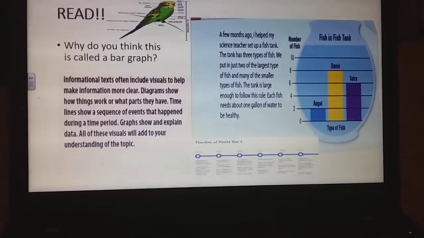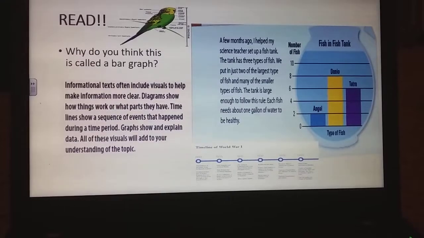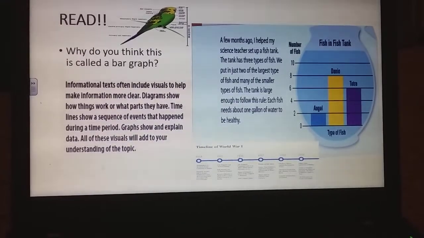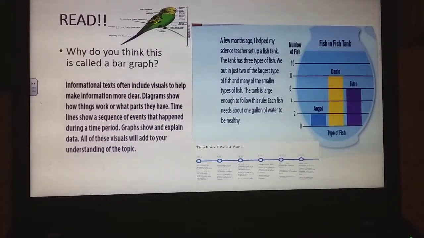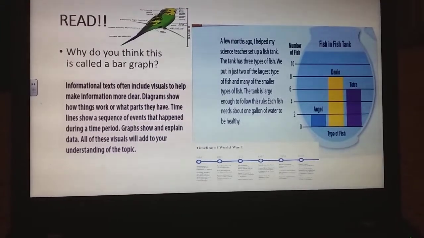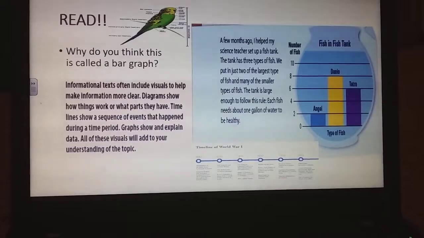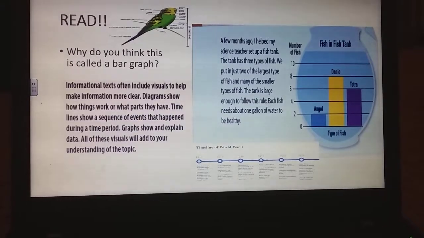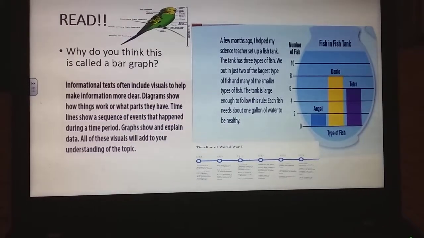Now, diagrams show how things work or what parts they have. An example of a diagram is at the top of the page. See that bird there? So this is a diagram. It'll have labels and it'll break down parts to you or explain what those parts are.